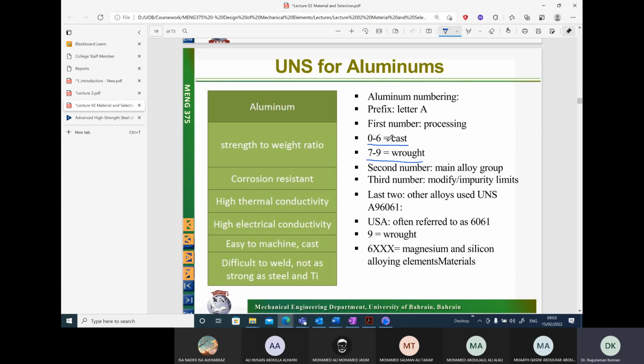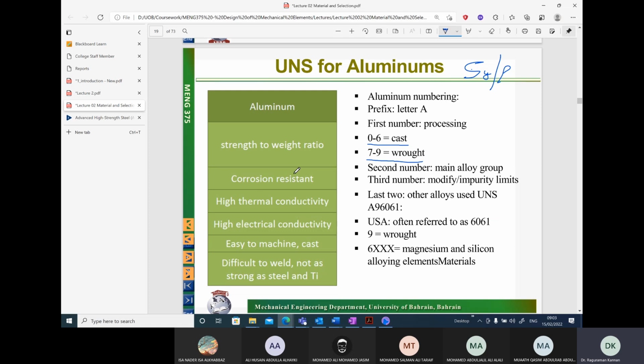So what are the preferred properties of aluminum? You have a very good strength to weight ratio. That means Sy over rho. Compared to steel, this ratio is very high in the case of aluminum.